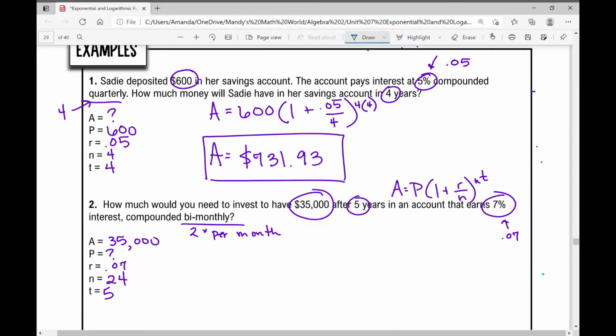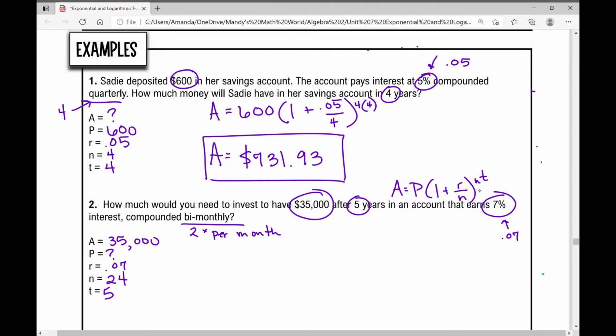So we actually know what our ending amount we want it to be. We want it to be $35,000. What we don't know is what our principal is going to be, but we know everything else. 1 plus the rate is 0.07 over the number of times it's calculated per year, which is 24, raised to the power of 24 times 5.